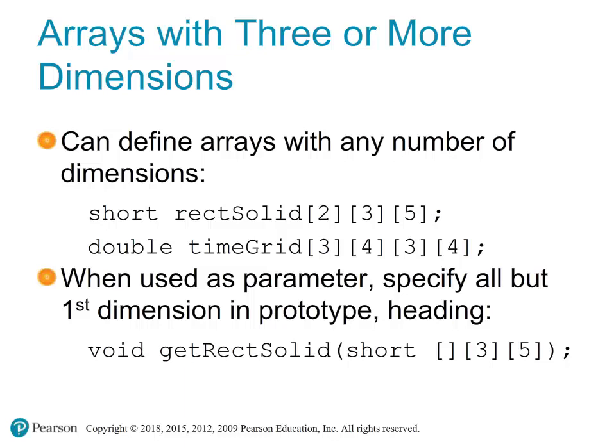Why omit the first dimension? This is because arrays decay into pointers when passed to a function, but the function still needs to know the sizes of other dimensions to correctly manage the data.